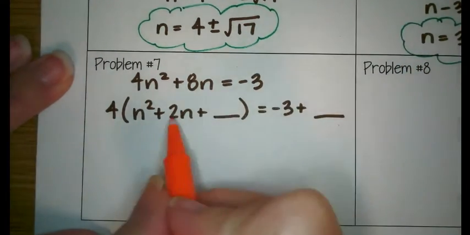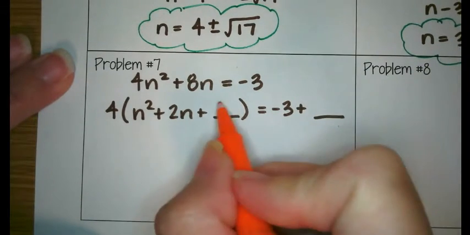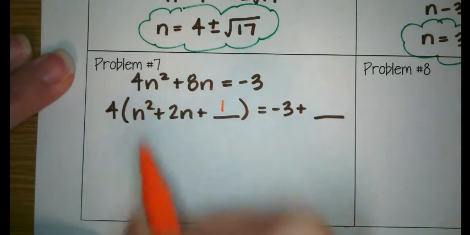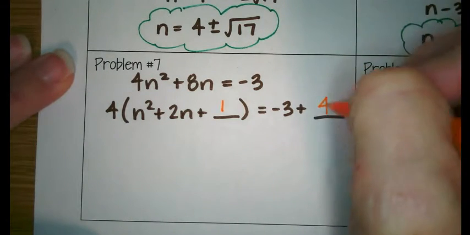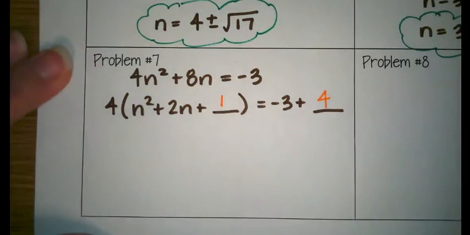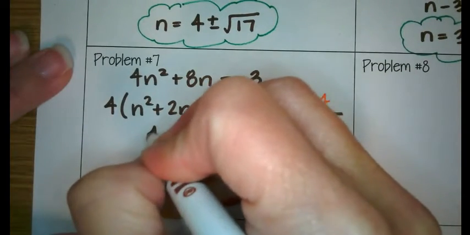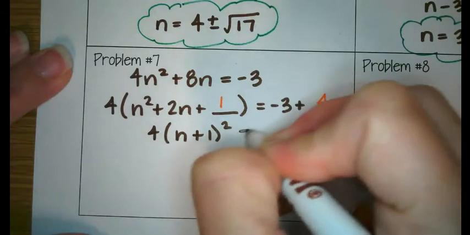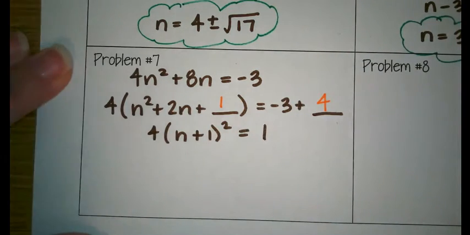All right, the magic number here, half of this squared, is 1. But since I have a number that I pulled outside, that means putting 4 on the other side. So on the left side, this becomes 4, and then n plus 1 squared. The right side equals 1.